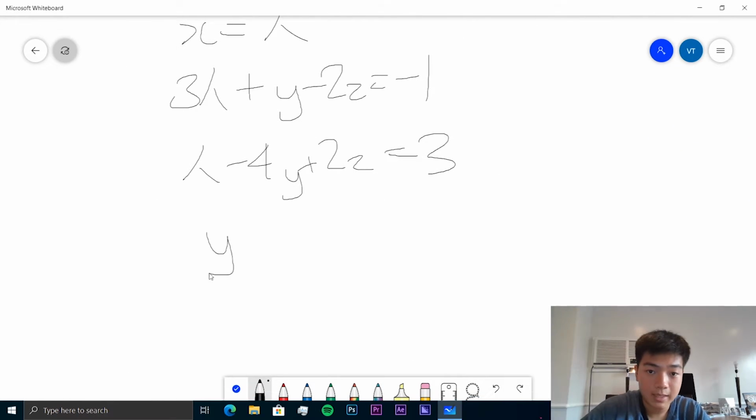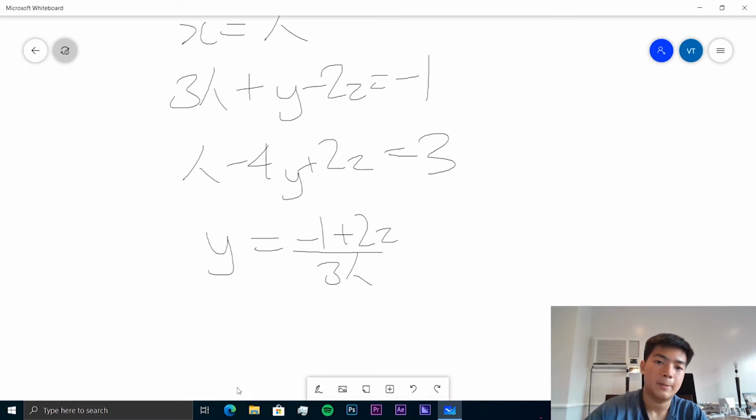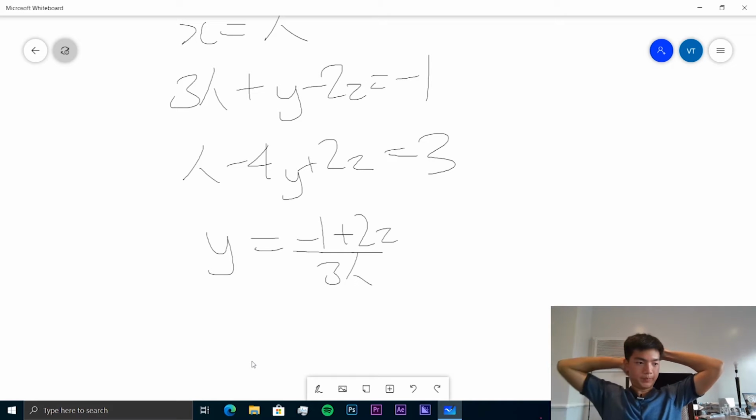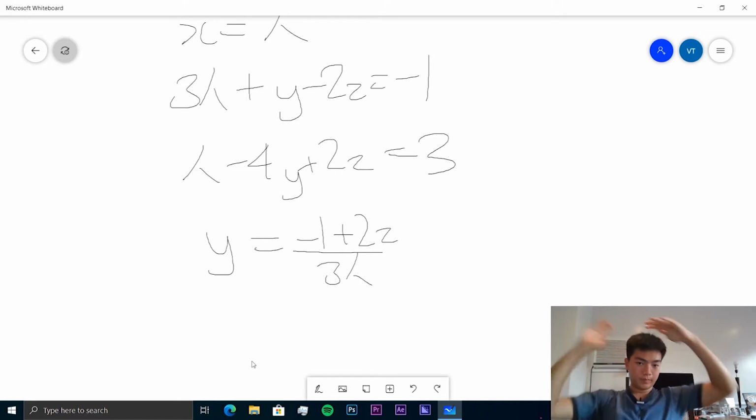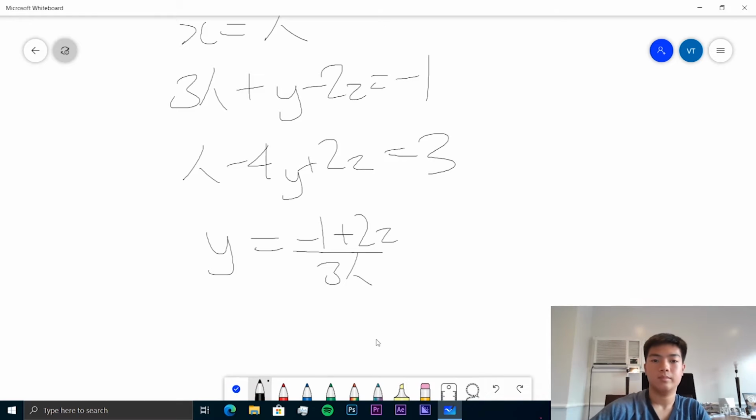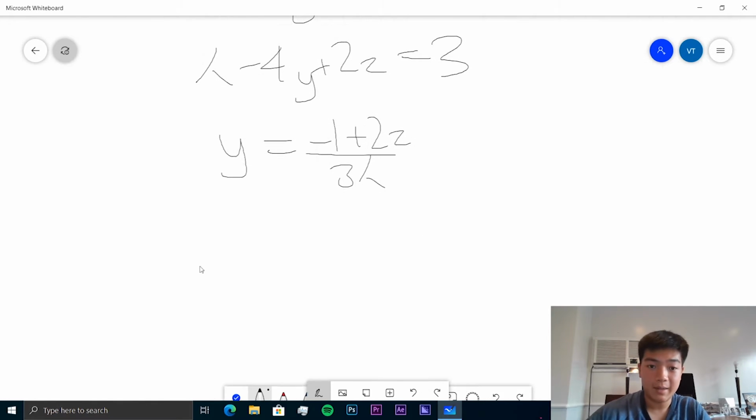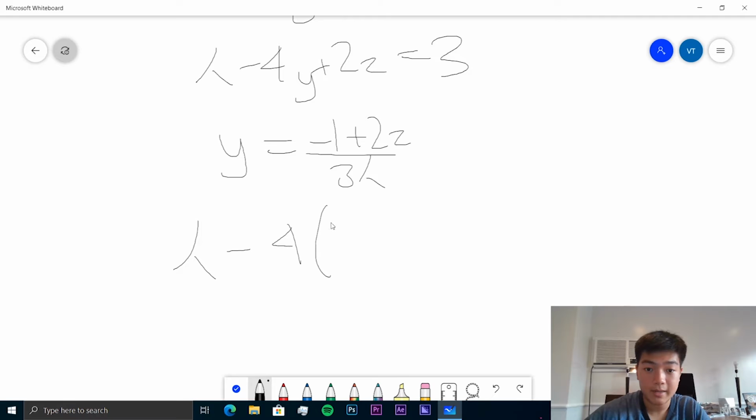So we have y is equal to -1 plus 2z over 3 lambda. So we have lambda minus 4 times that is plus 2z.